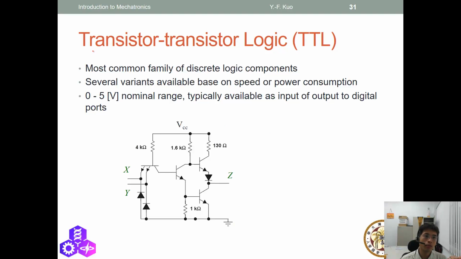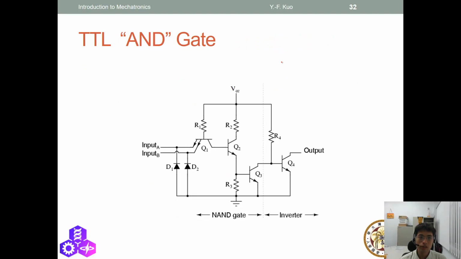And later on, we invented transistor to transistor logic, okay, TTL. So this TTL is actually a NAND gate. So I'm not going to the details here. This is a NAND gate transistor. And AND gate transistor is actually a NAND gate and an inverter.